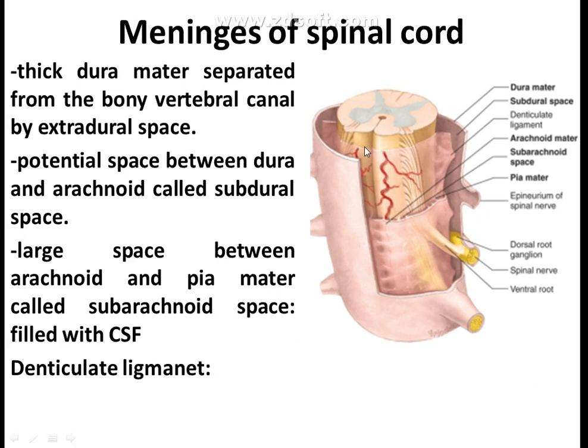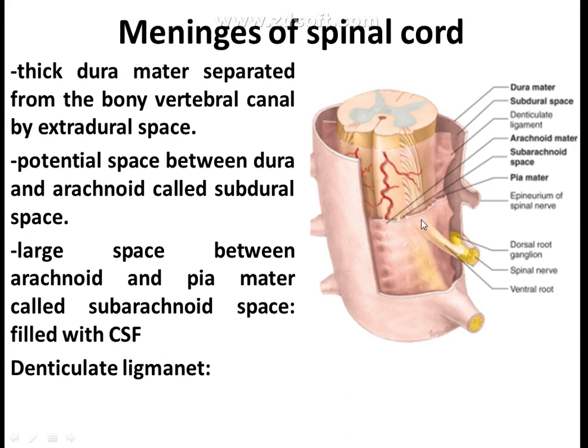Regarding the coverings of the spinal cord, in the earlier part of this lecture, we had said that the pia mater covers the outer surface of the spinal cord. And of course, pia mater is one of the three layers of the meninges covering the spinal cord.